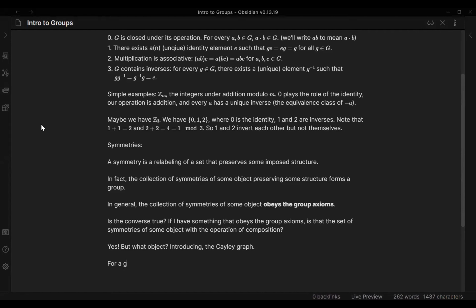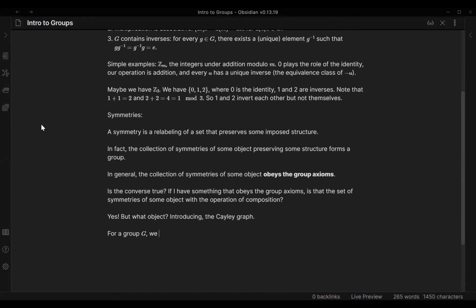For a group G, we draw a vertex for every element g in the group, and between each vertex we draw an arrow.